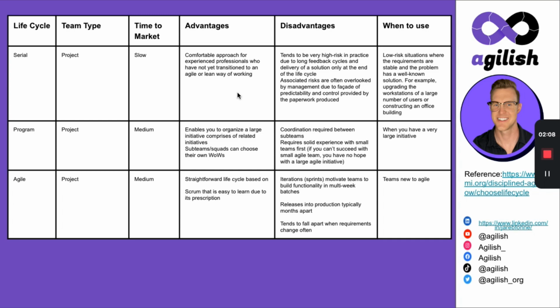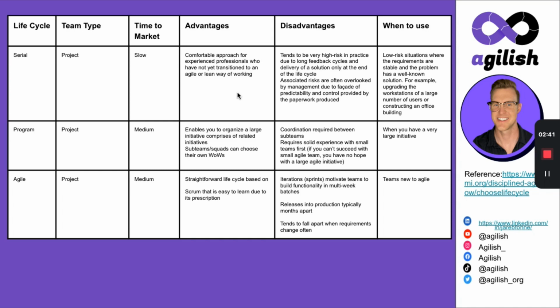Let's go to the next one, which is program. We talked about that. That's project. Time to market is medium compared to all these. And really it gives you a way to organize a bunch of teams in a large fashion. You can see here that these sub-teams pick their way of working. So you still have the flexibility of picking your way of working, but the coordination between the sub-teams can be difficult.